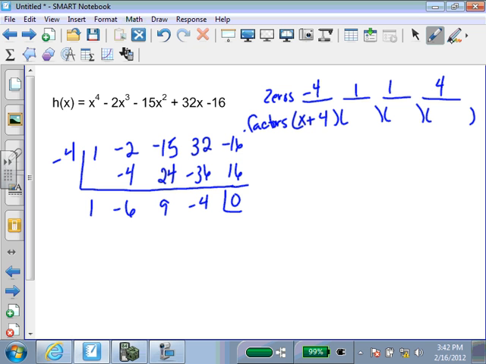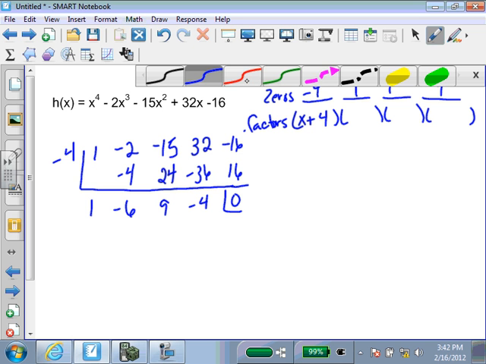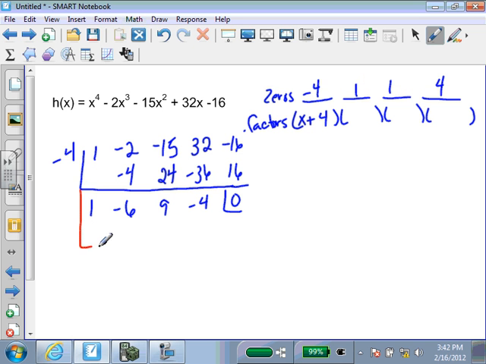Okay, so now I'm going to layer in a 1: 1, 1, 1, negative 5, negative 5, 4, 4, 0, cool. So x minus 1.